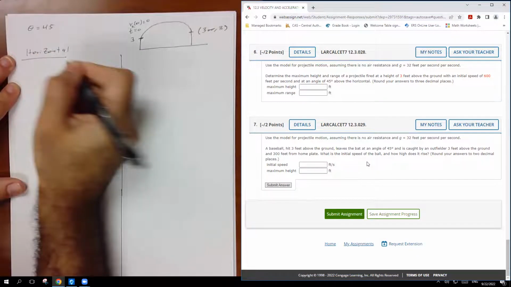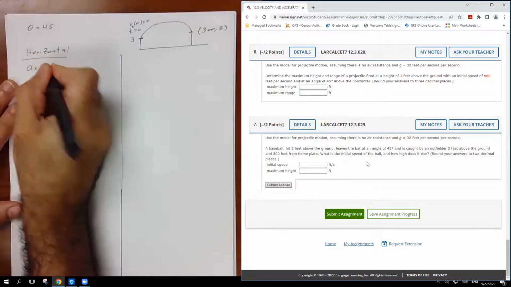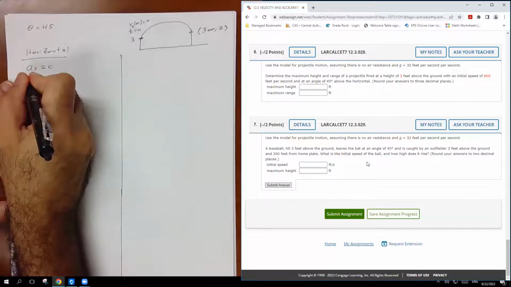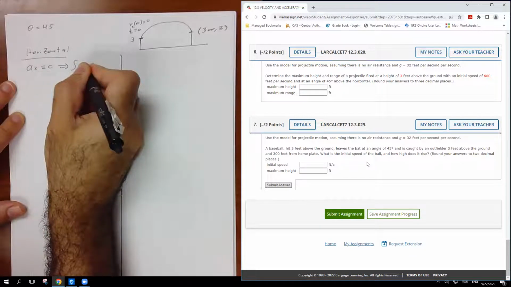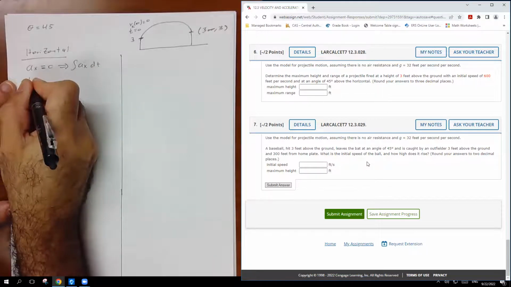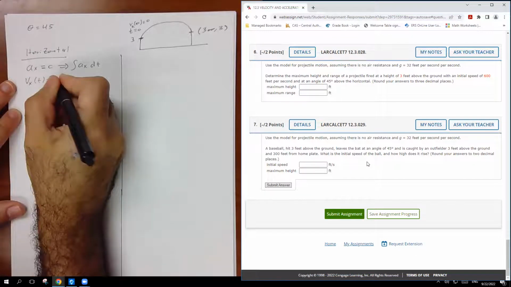The first component, the same thing, the acceleration a sub x is going to be 0. That means we take the integral of a sub x dt. So the velocity with respect to x is going to be equal to c.